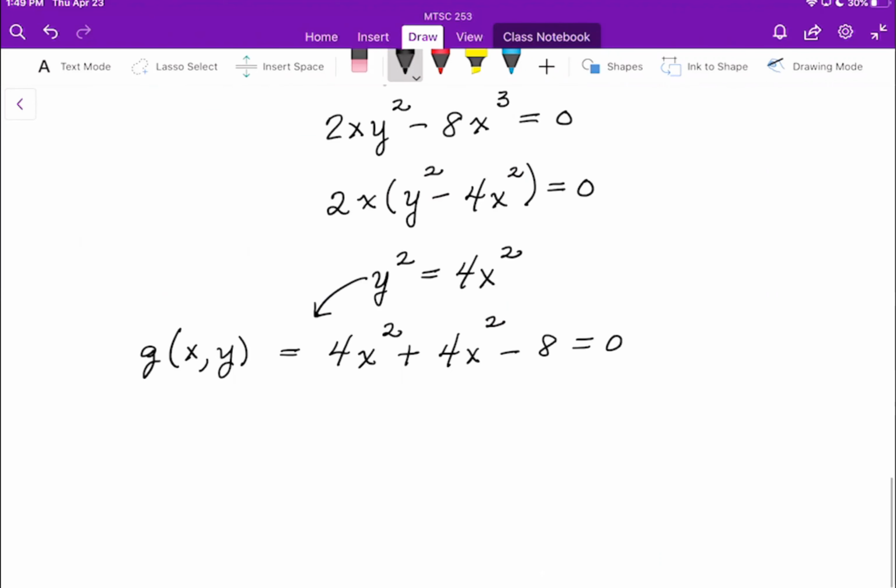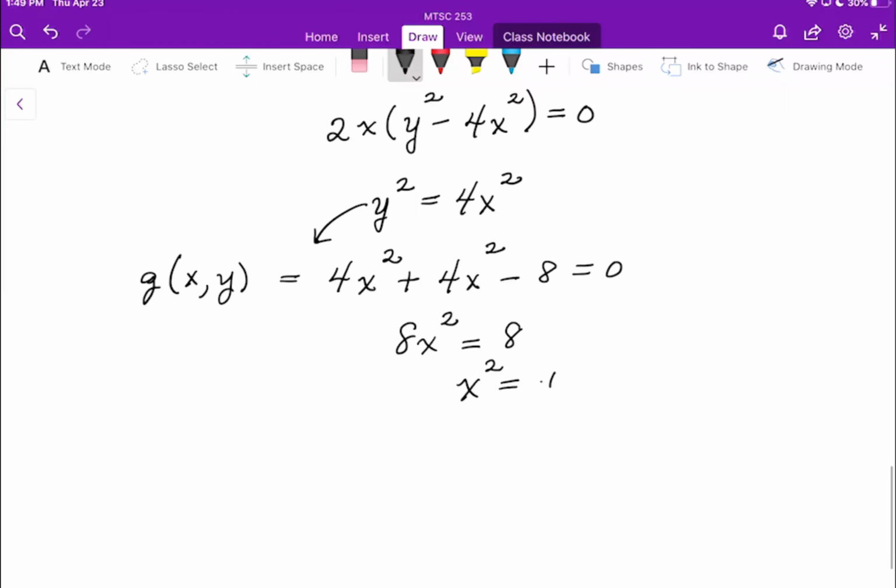So that says 8x squared is equal to 8. X squared is equal to 1, so x is plus or minus 1.